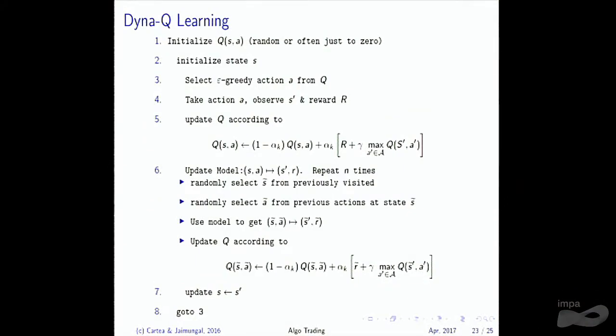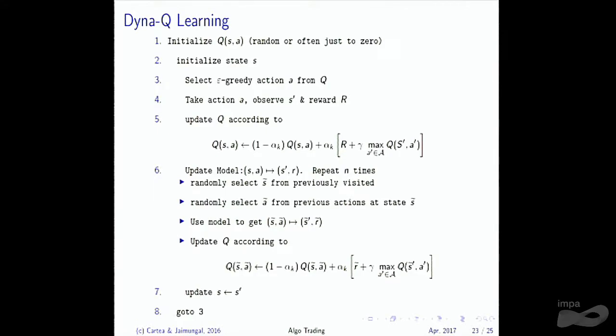Okay, initialize state, select an epsilon greedy action, take the action, observe your new state and your reward, and update your Q function according to the exact same rule as before. Now you update your model, so you add that transition into your model. You repeat this part a certain number of times. This part says randomly select a state from where you've visited in the past.